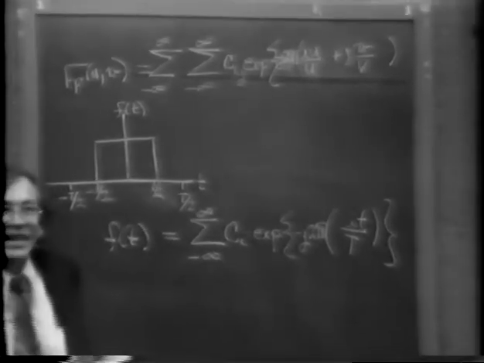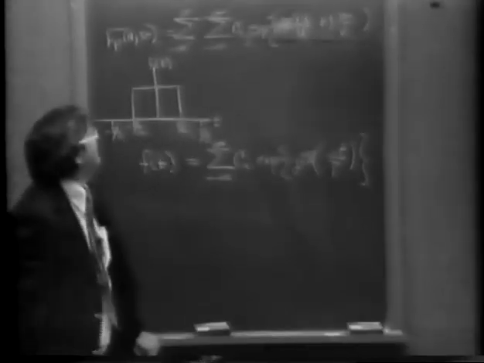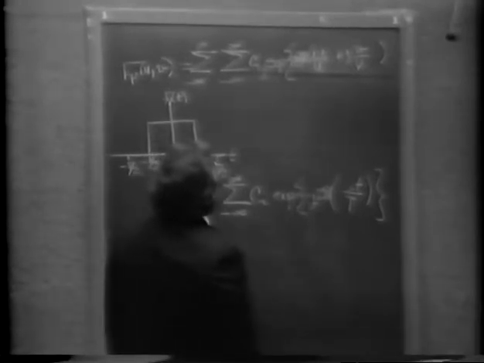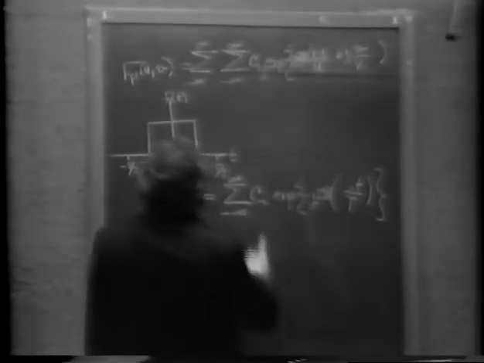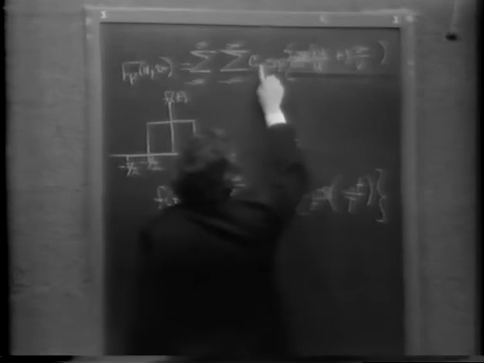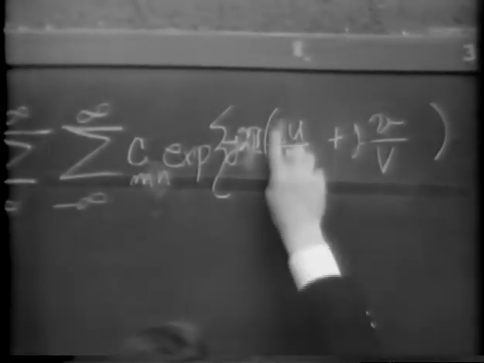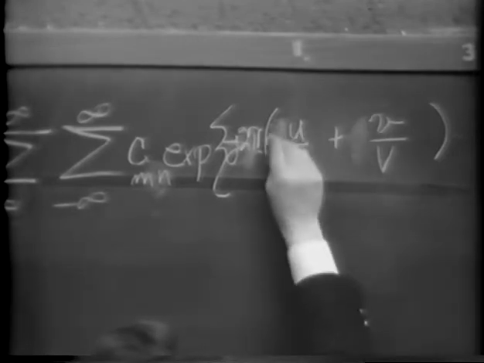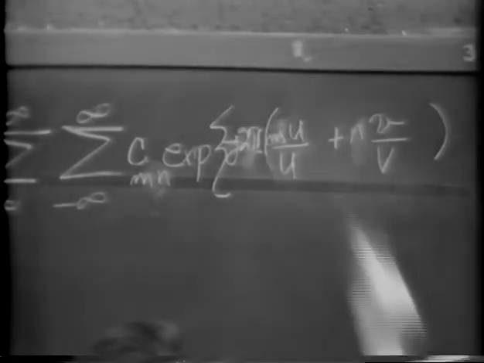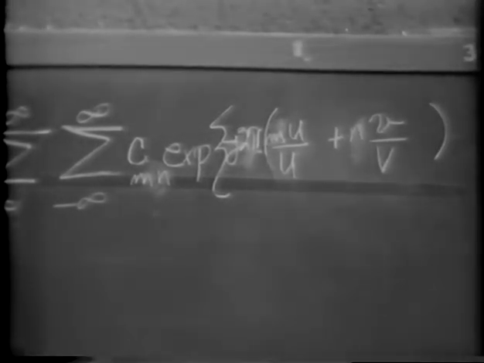Two j's up there indicate different, right. Let's make this m and n. And that will leave that at i, yes.